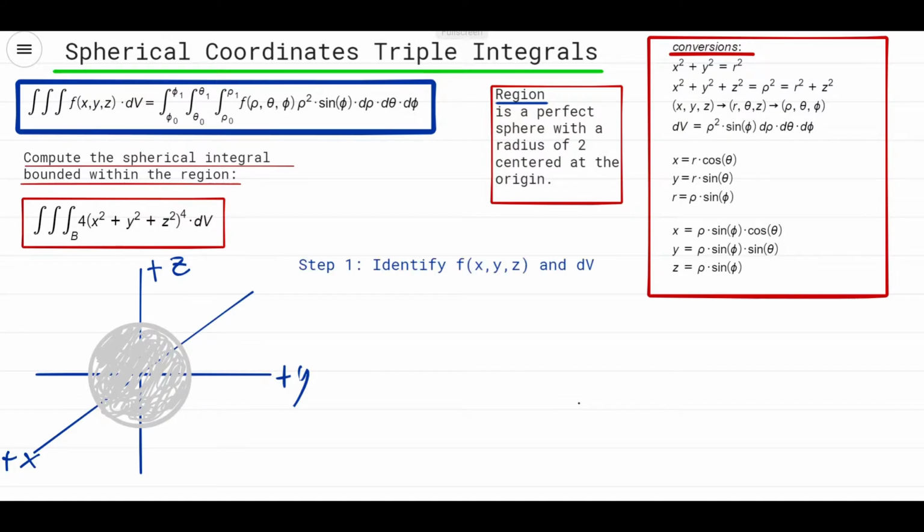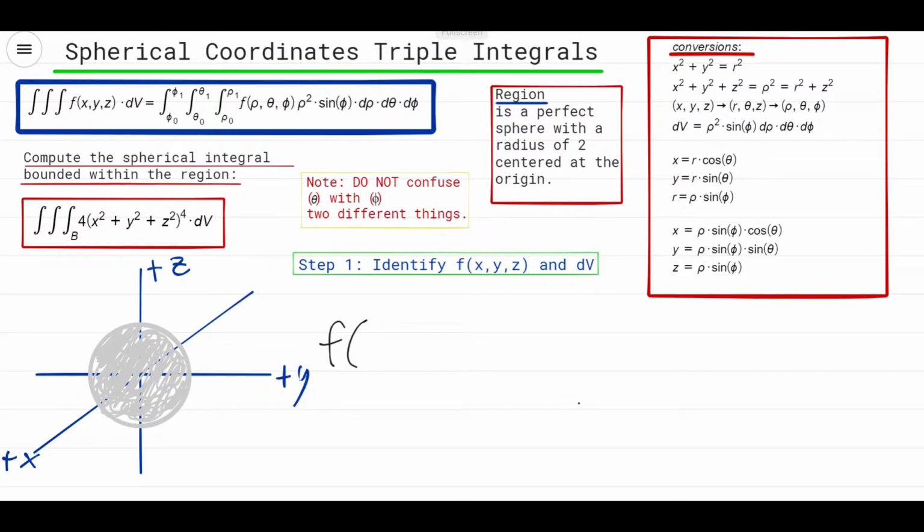For step 1, we're going to identify f of x, y, z, and dV. Quick note: do not confuse theta with phi, because they are two different things, and that's a common mistake. Make sure you don't use them interchangeably, because they're not interchangeable.